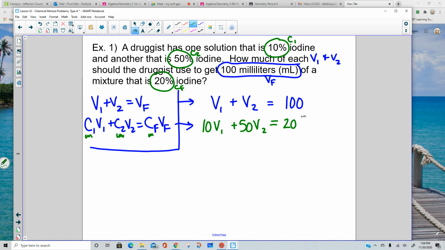So 20, and then times my volumes. Now please notice your volumes in the two equations don't ever change. Those should be identical. The only thing you've changed is you've added the concentration numbers in front.